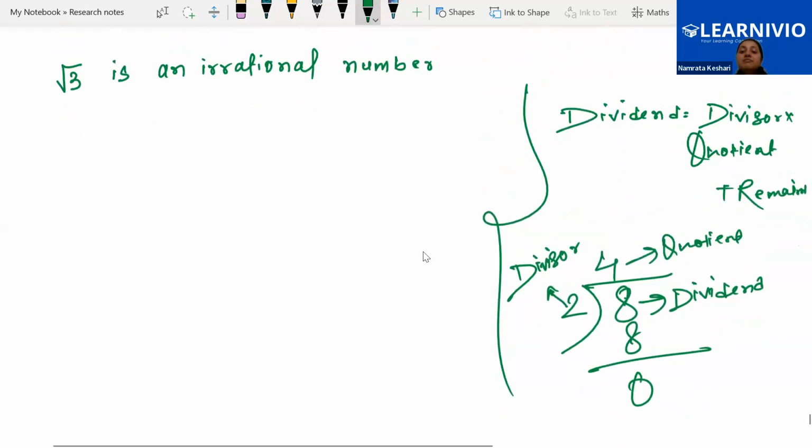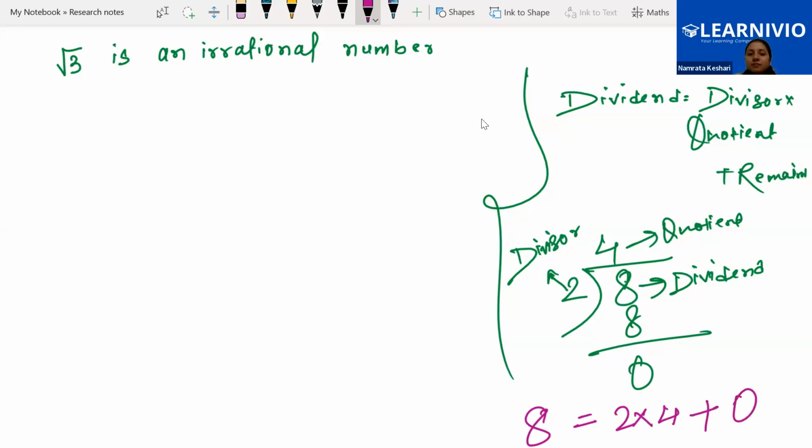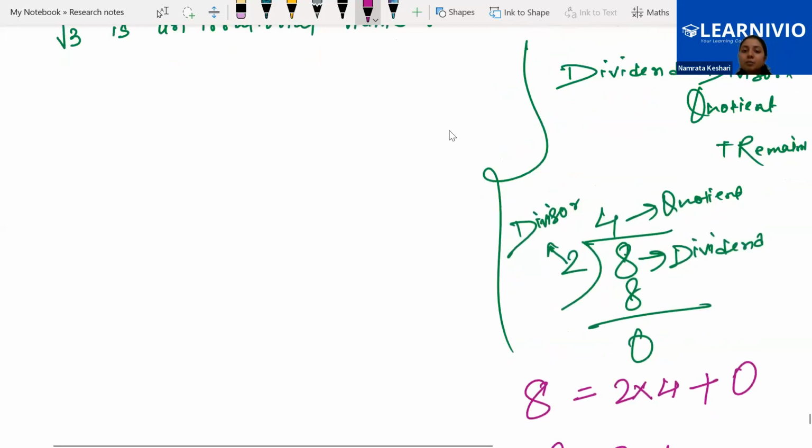What the rule says, dividend, that is 8, is equal to divisor into quotient. What is divisor? 2. What is quotient? 4. What is remainder? 0. That's why we are writing 8 is equal to 2 into 4. And that's why we are saying that 2 can divide 8 completely, 4 can divide 8 completely.